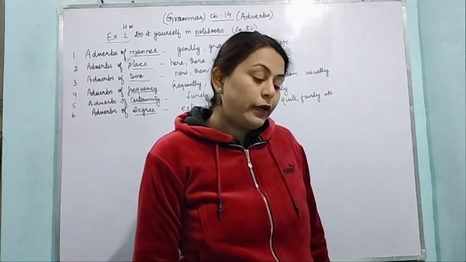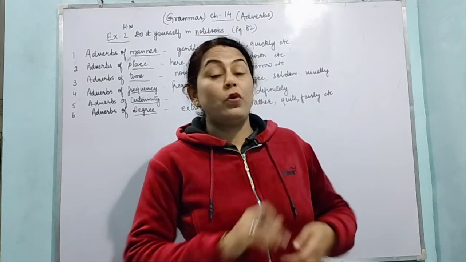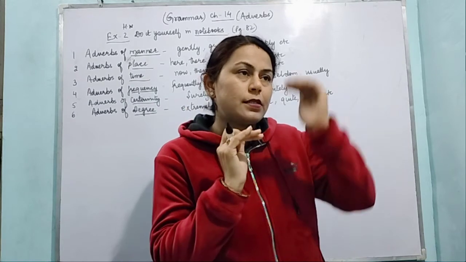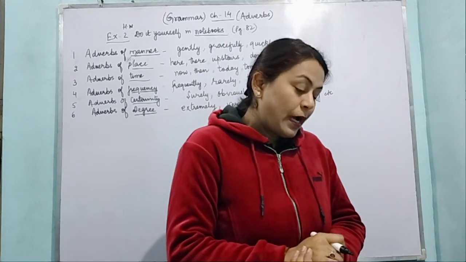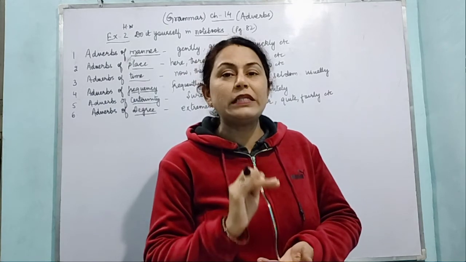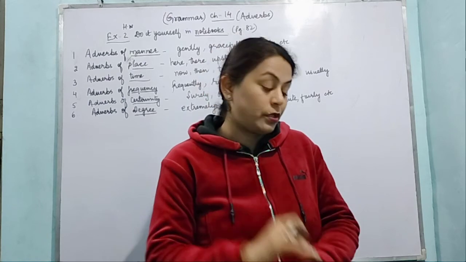You can't be too late for your school. You can't be too late means आप बहुत ज़्यादा लेट नहीं हो सकते हैं स्कूल के लिए, बहुत ज़्यादा. टू means excess. I am feeling quite better. काफ़ी ठीक. Quite means काफ़ी हद तक. तो quite आ गया आपका moderation में.